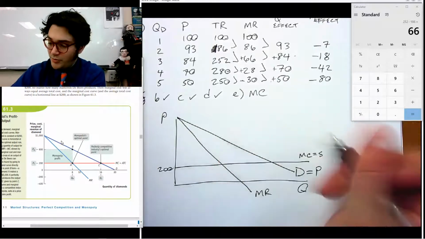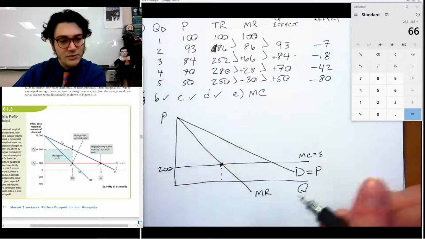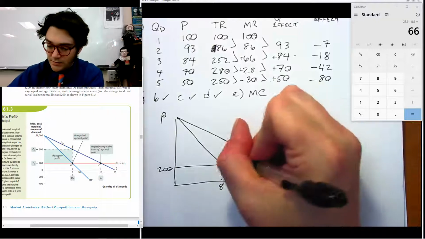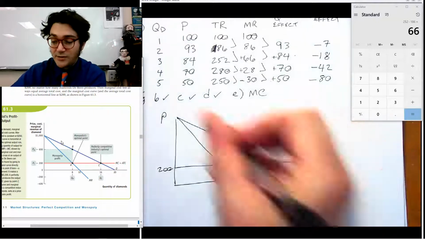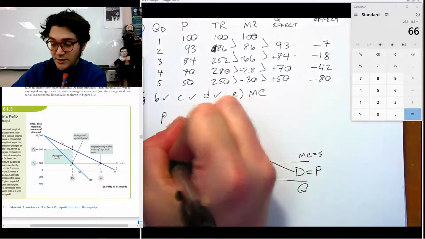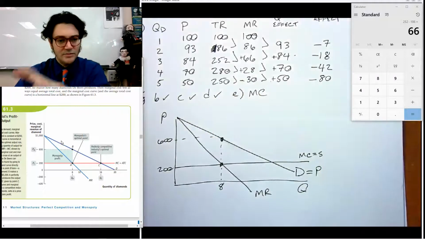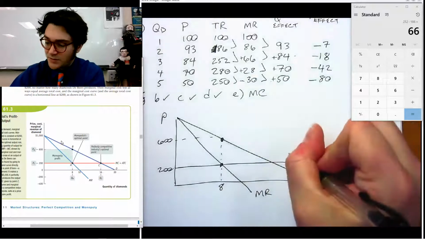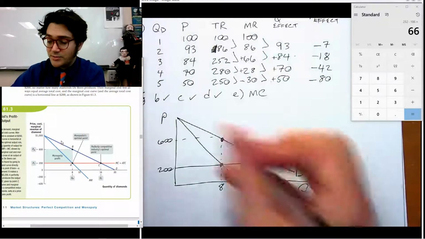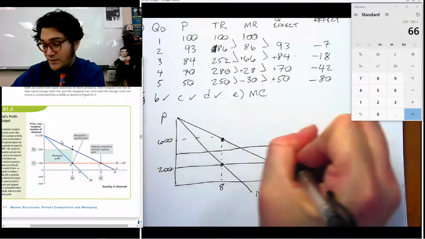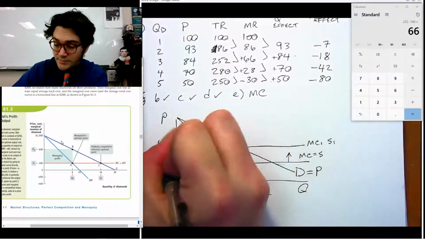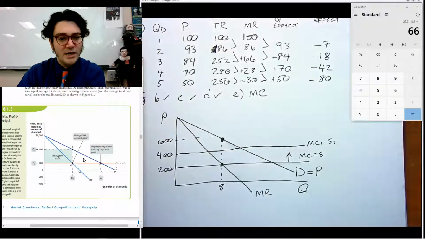We know that they are producing at this quantity, which says 8, and their price is up here on the demand curve, so their price is 600. That's the situation beforehand. And it says this marginal cost curve, this was in the original problem, is going to shift up to 400. So we'll say MC1, supply 1, 400.